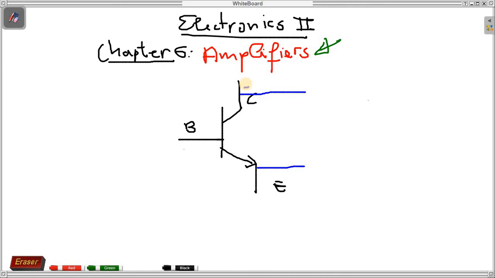We measure a certain voltage that we call VCE. If they say measure VCE, we measure it from this side to this side.